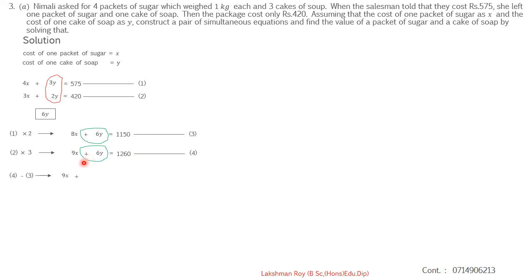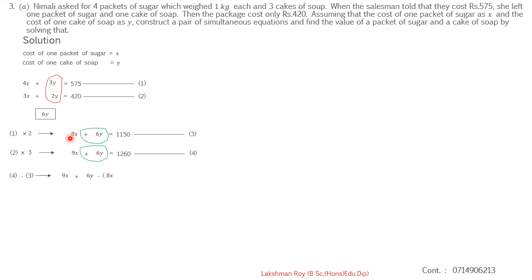So then I'm going to subtract from the fourth equation, that is 9x plus 6y. Now we have to subtract the third equation, right? So you can see here, the third equation's left side has 8x and 6y. There are two terms, so when subtracting two terms, you have to use brackets, right? That is a better method, because when subtracting two terms, if you write directly, maybe the sign goes wrong, right? So be careful and write within brackets.